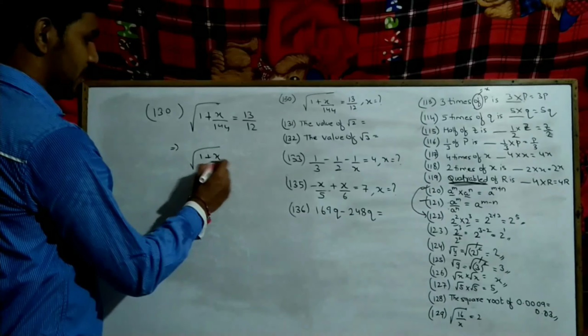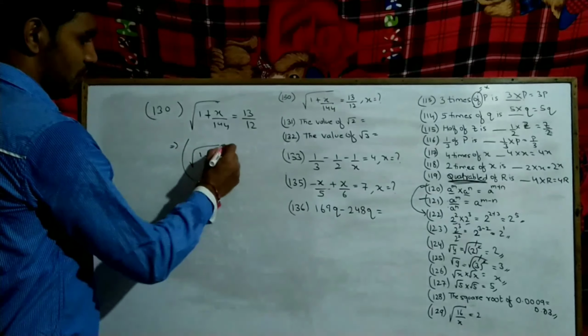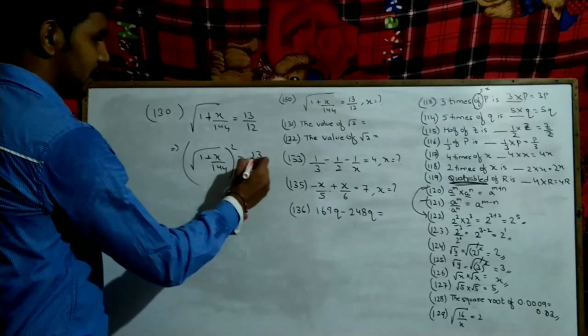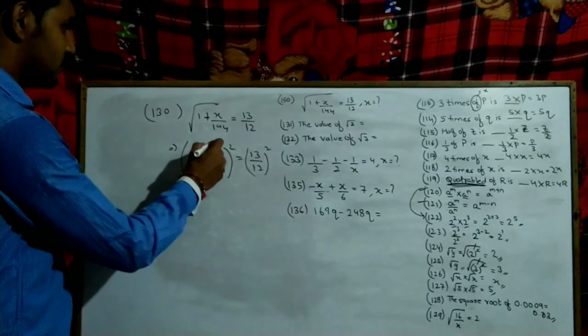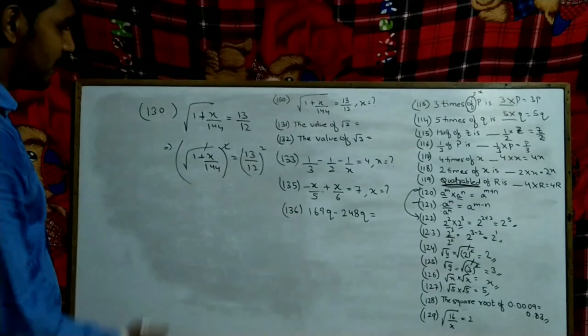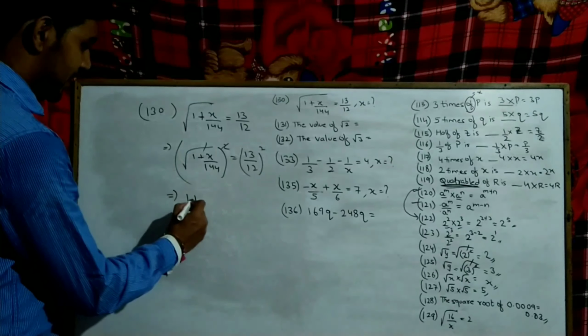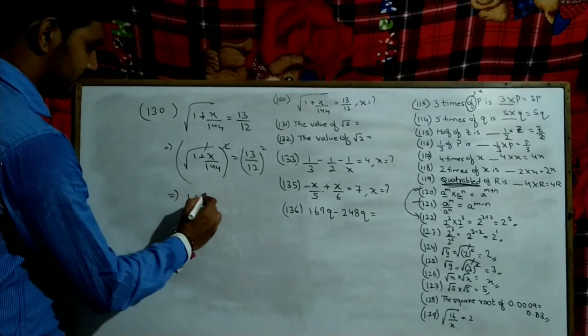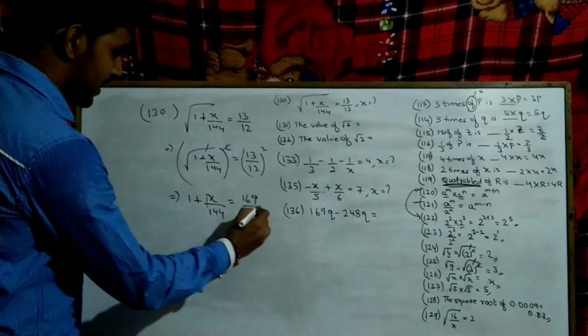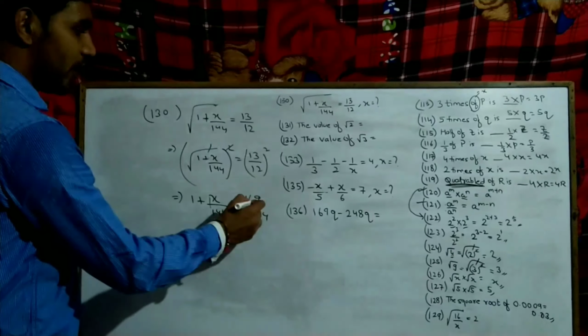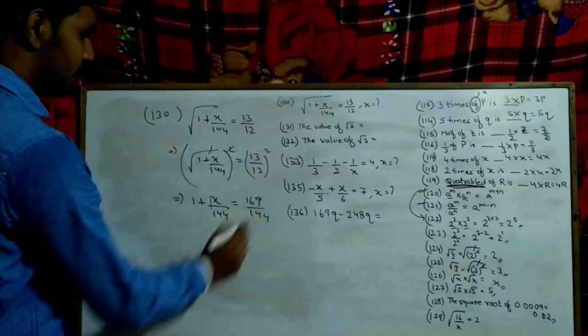Now again squaring both sides. 1 plus x by 144 whole square is equal to 13 by 12 whole square. Clear? Now this root and this square will cancel. So 1 plus x by 144 is equal to 169 by 144, because 13 square is 169, 12 square is 144.